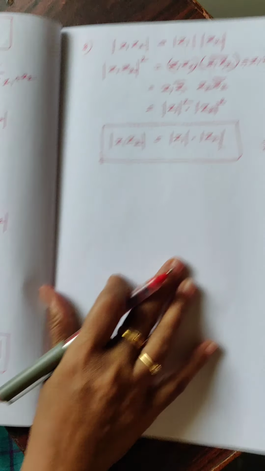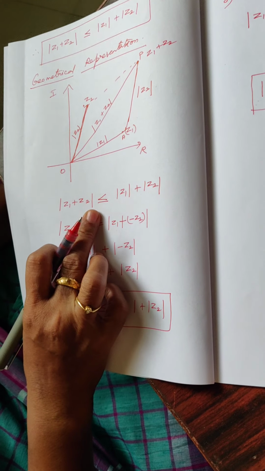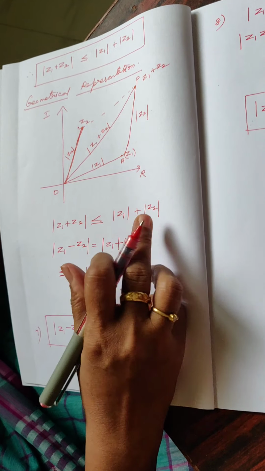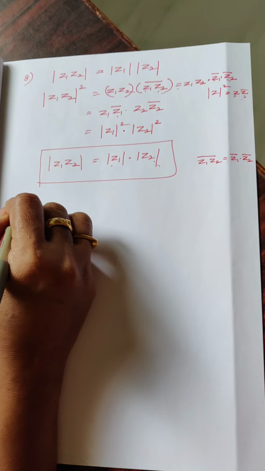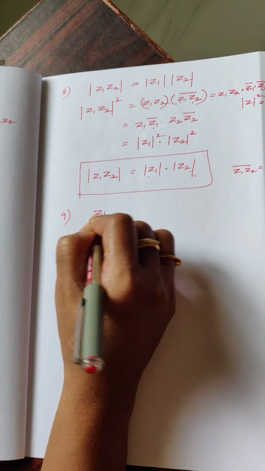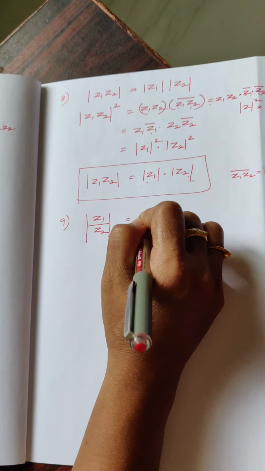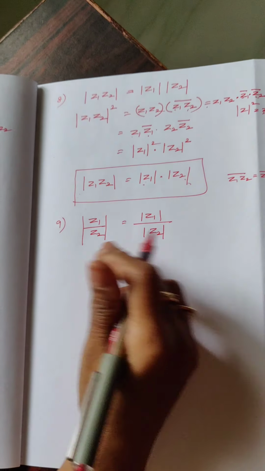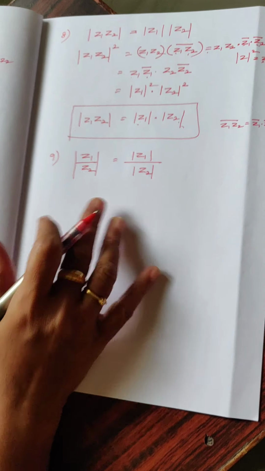But it is not applicable for addition. Modulus of the sum of two complex numbers is not equal to, but it is lesser than or equal to modulus of z1 plus modulus of z2. Don't confuse these two. You can do this on your own: modulus of z1 by z2 equals modulus of z1 by modulus of z2. You can check it by yourself. Is it clear now? So we come across this ninth property.